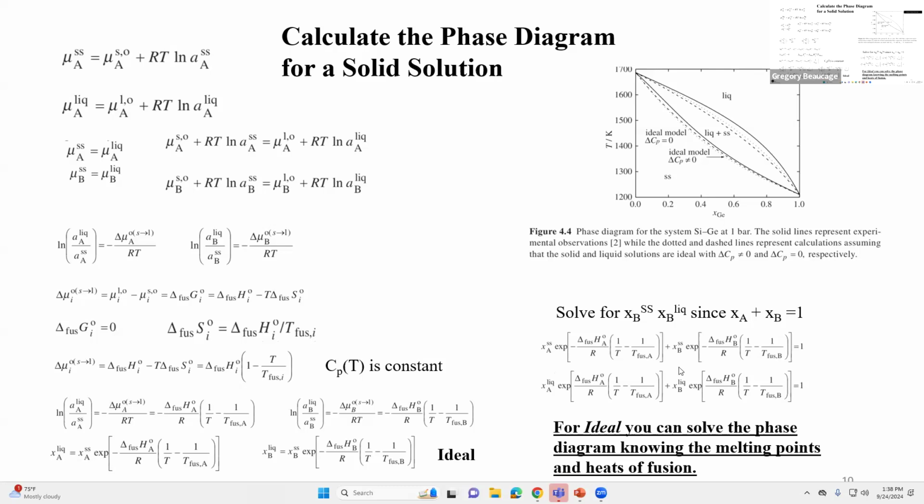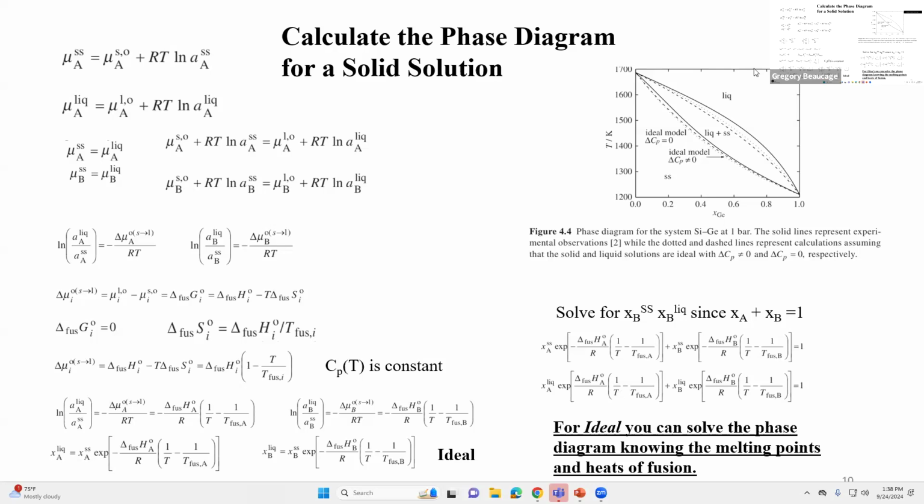You can do it either mathematically or numerically, like just run an iteration until it solves. The program is going to do this numerically because the equation can be expanded a little bit, but basically this equation you could solve with a calculator. So that gives you two compositions at any temperature that you want.